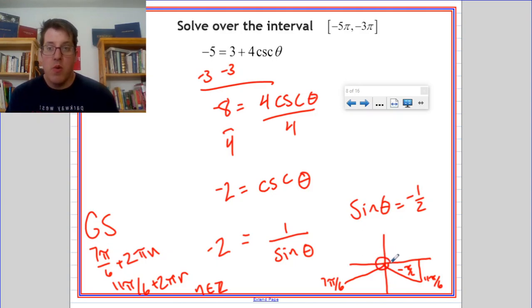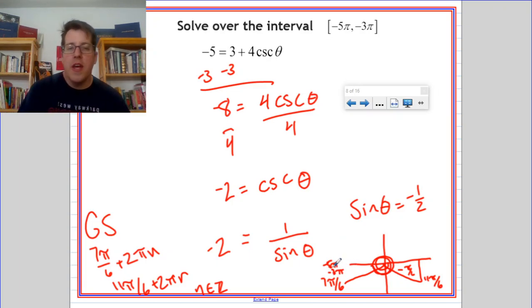Negative 2 pi would be 1 lap around the unit circle backwards. Negative 4 pi would be another whole lap. So this would be negative 5 pi, and negative 3 pi would also be there.